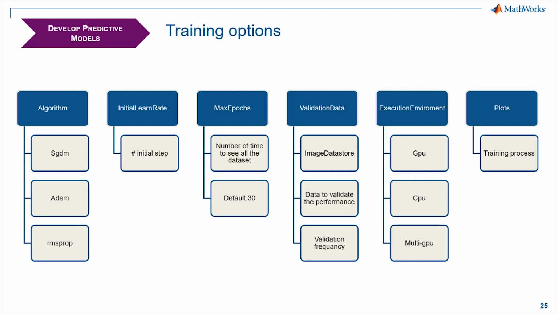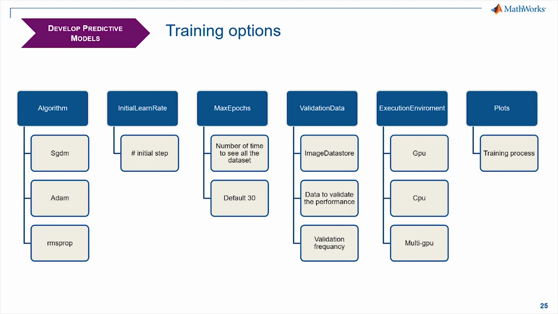The first one to choose, and the most important one, is the algorithm. Of course, we have a lot of algorithms. These are three main, most important ones, and they perform well in each case. There's a slightly small difference, but for our purpose we can choose the Adam one.